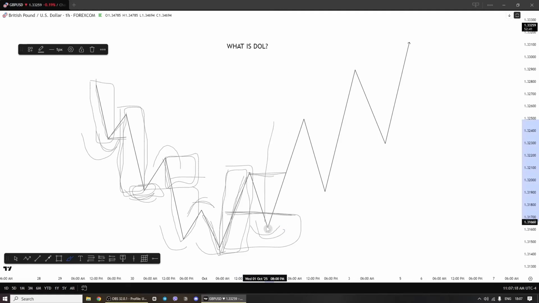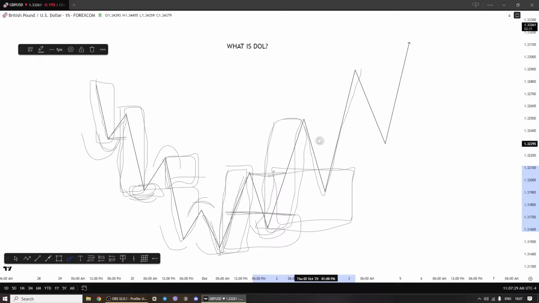Once this happens, this is the leg that should provide you the next move. And here you will find PDAs. And this is exactly what is going on in the markets.